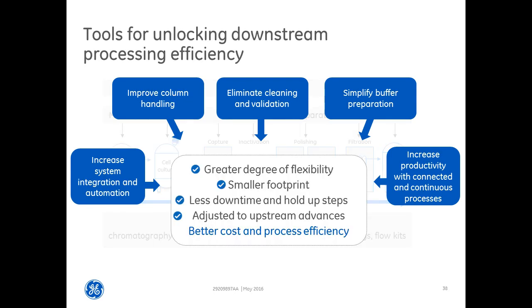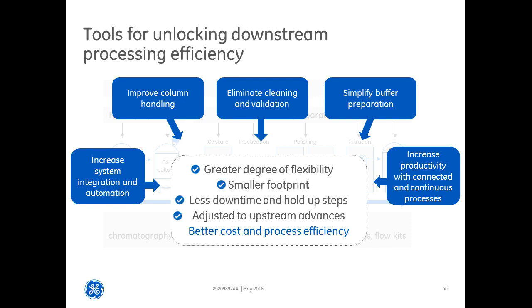What I'm going to do is tie everything together and wrap things up by recapping what we talked about: improved column handling, elimination of cleaning and validation through single-use technologies, simplified buffer preparation using inline conditioning, increased productivity through connected and continuous processes, and increased system integration via automation.